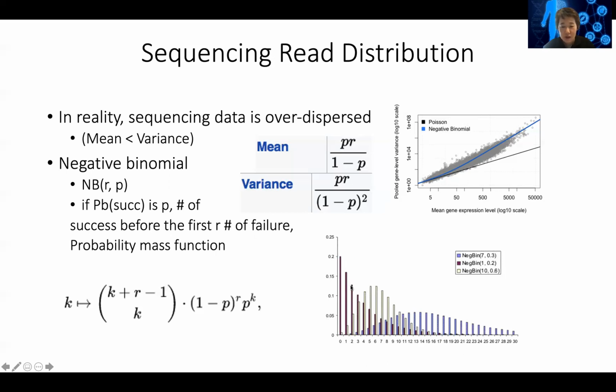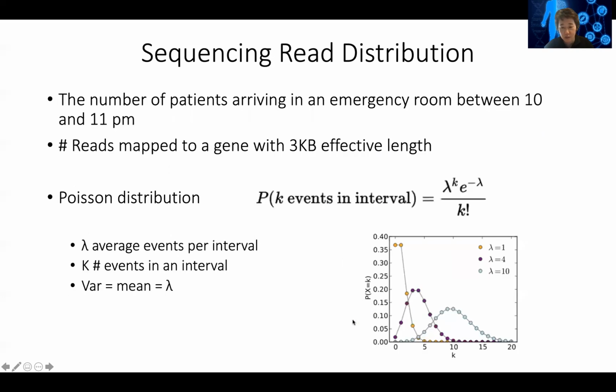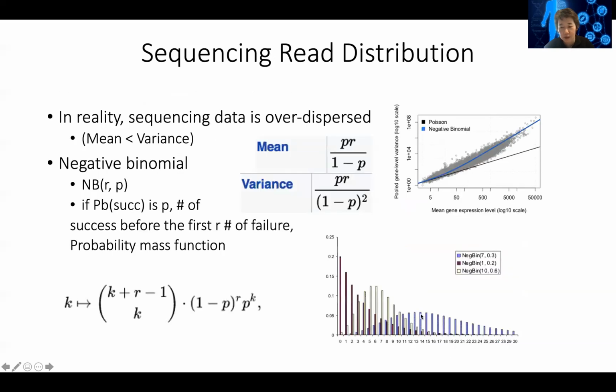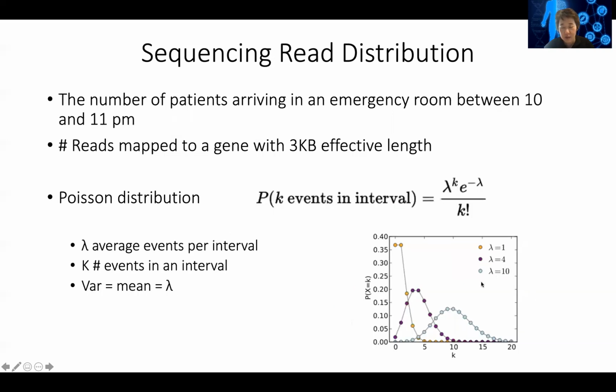You can see when the expression level is low, you can't really go below 0, but here is the distribution. Whereas when the expected level is higher, the distribution can also have a wider spread compared to, for example, a Poisson distribution. You can see here, when the negative binomial is at 10, the spread is much bigger compared to the Poisson distribution at 10.